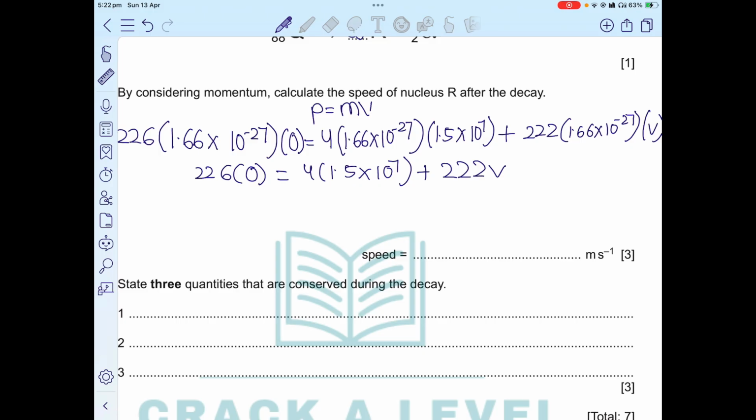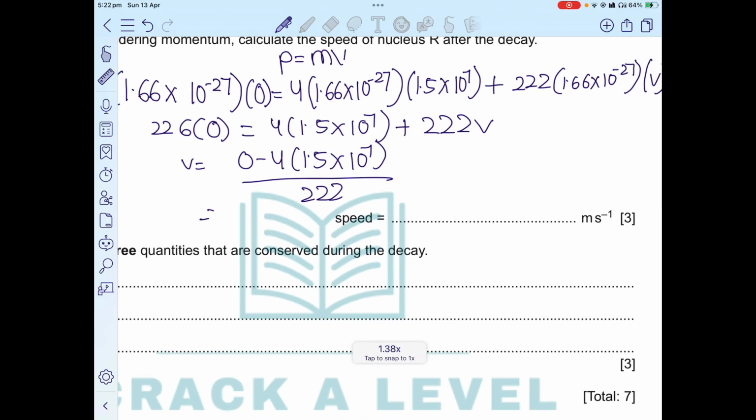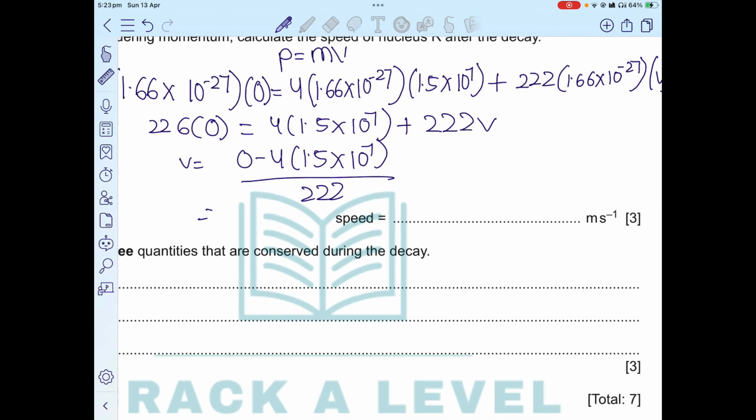So the value of v is 0 minus 4 × 1.5 × 10^7 divided by 222, which is essentially, the answer would be negative, but because we want speed you can write it as 2.7 × 10^5, or 270,000. Yes.